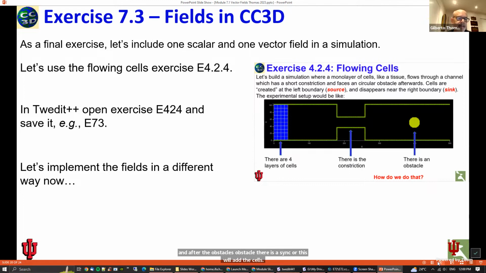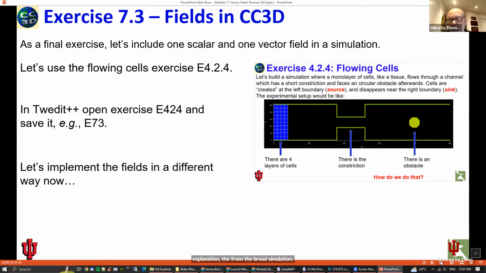Okay, again, you can use exercise 4 to do it by yourself, or you can download exercise 7.3 of the student's material and follow the explanation directly from the simulation.